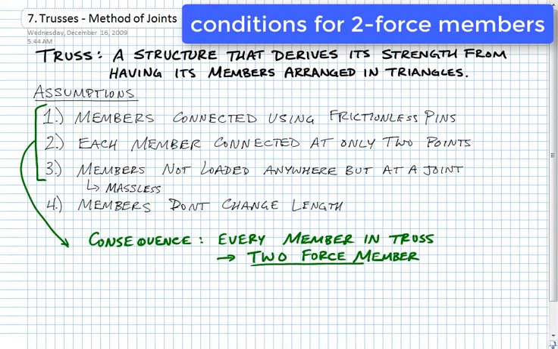And that's a key phrase right there, a two-force member. Well, what do we mean by a two-force member? A two-force member is literally a member that only has two forces on it.